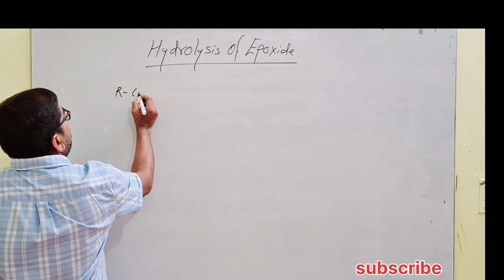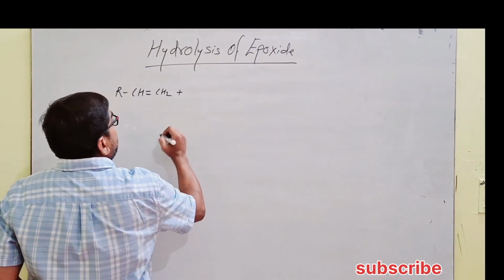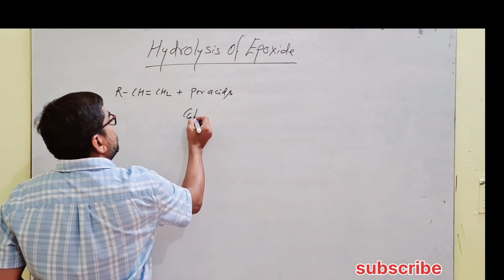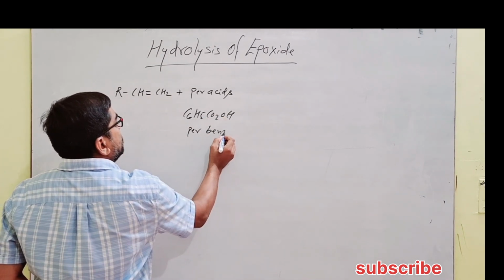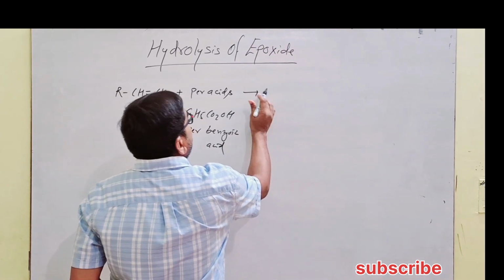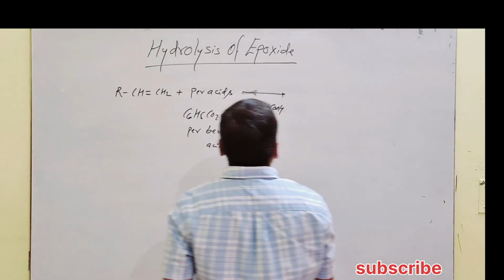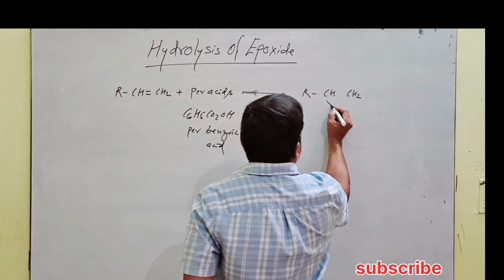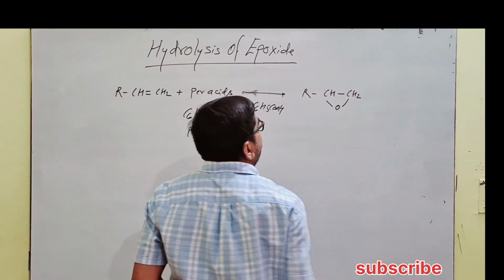When an alkene, RCH=CH2, reacts with per acids like perbenzoic acid, then there is elimination of the carboxylic acid used, benzoic acid, and one oxygen gets attached to the double-bonded carbons in such a way that it is shared with both of the carbons.